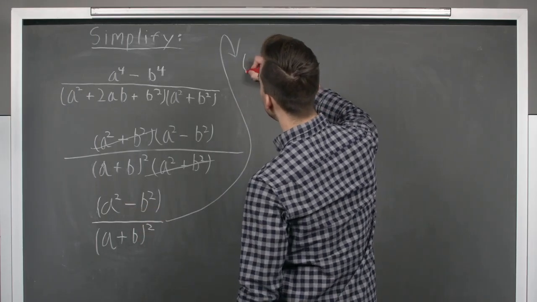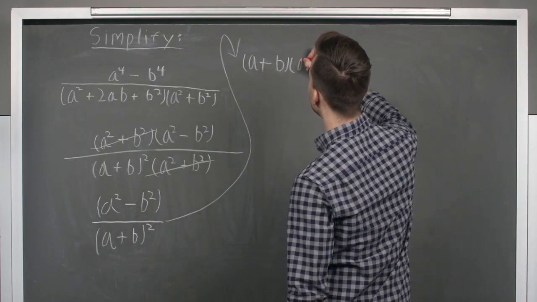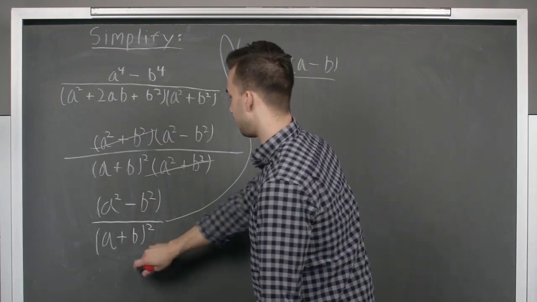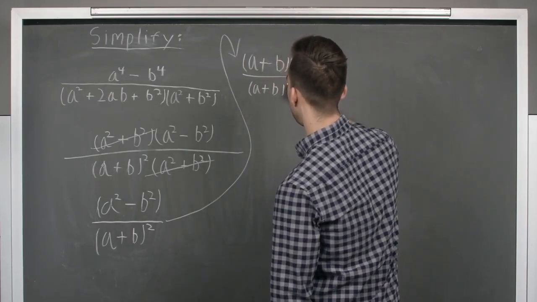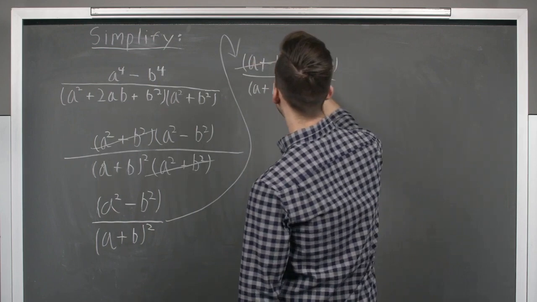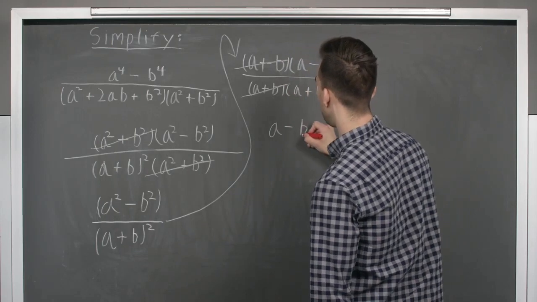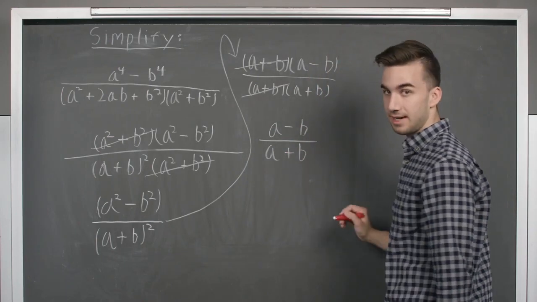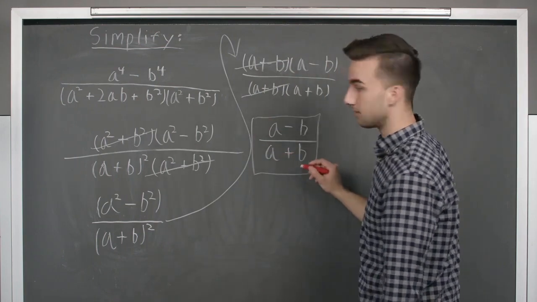Difference of squares, it is the square root of the first term plus the square root of the second term times the square root of the first term minus the square root of the second term, all over our denominator of a plus b times a plus b, right? So we can cross out an a plus b, and that leaves us with a minus b over a plus b. We cannot factor or simplify this anymore, so this will be our solution for this example.